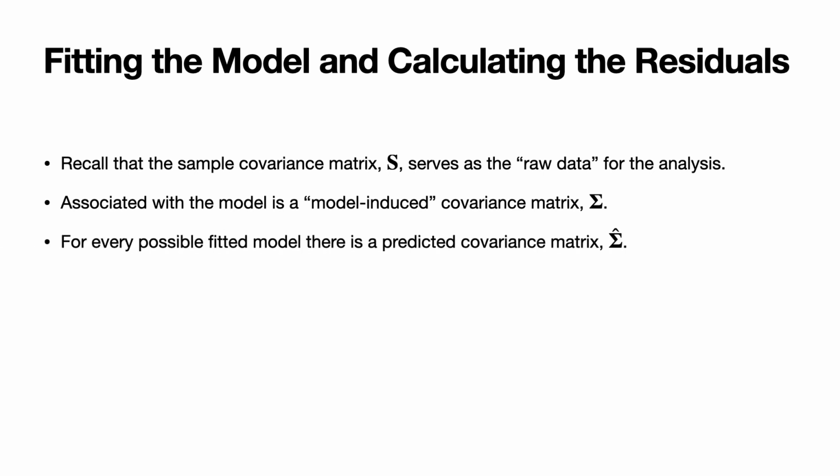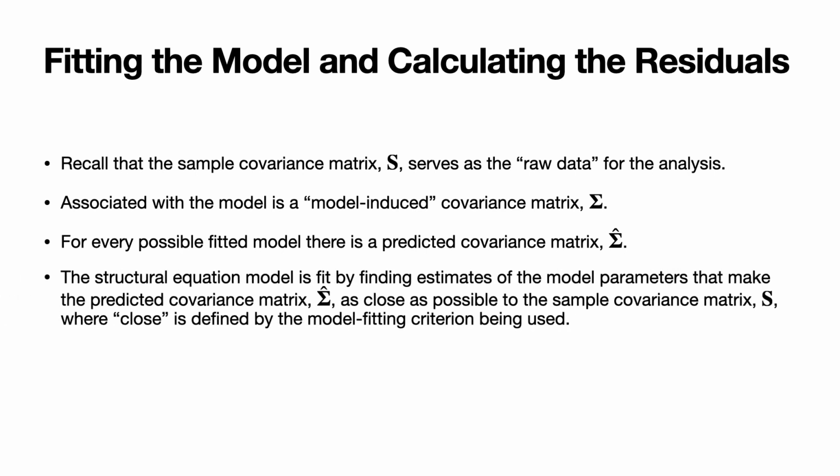For every possible fitted model, there is a predicted covariance matrix denoted by sigma hat. The structural equation model is fit by finding estimates of the model parameters that make the predicted covariance matrix, sigma hat, as close as possible to the sample covariance matrix, S, where close is defined by the particular model fitting criterion being used.